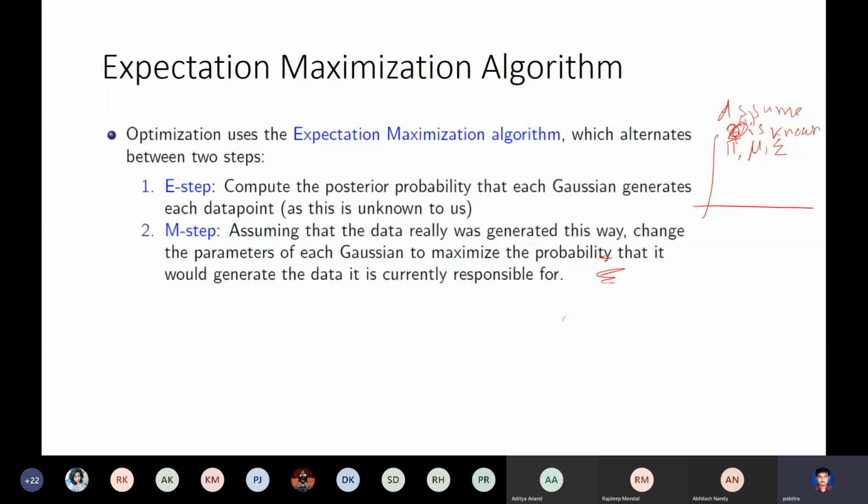Then, given a point x, I compute the probability of belonging to Gaussian 1, Gaussian 2, Gaussian 3. So fixing your pi, mu, and sigma, find out p of xi given z equal to 1, p of xi given z equal to 2, and so on. You find these probabilities, fixing your mu and sigma. That is what we call the E step.